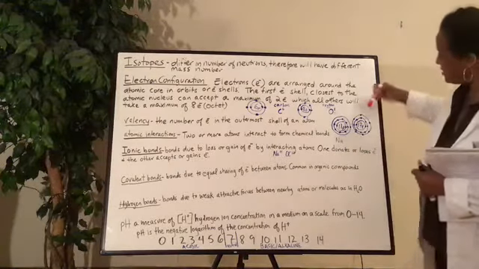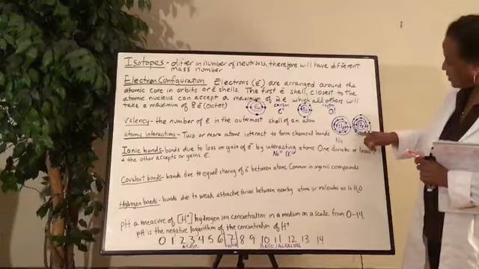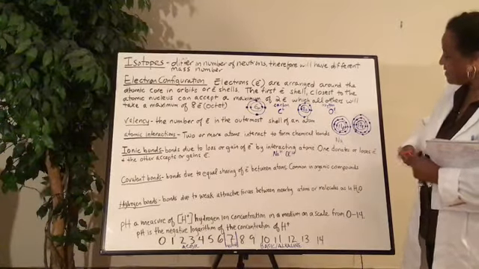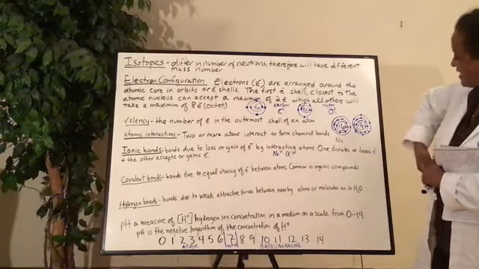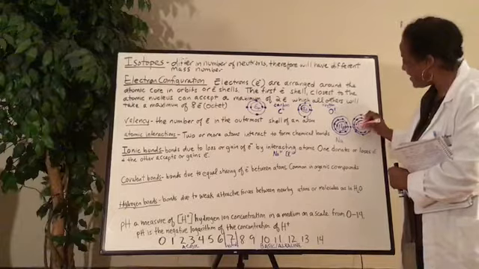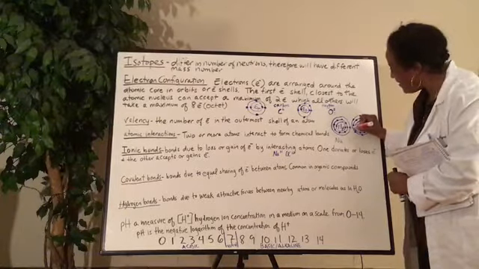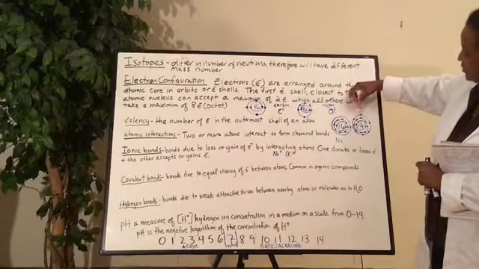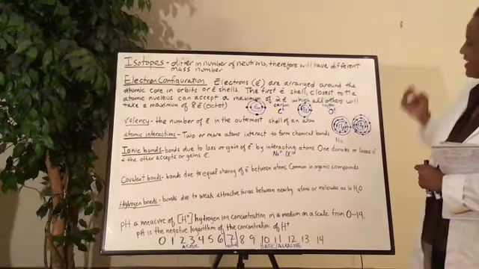How many is this on this? 1, 2, 3, 4, 5, 6. And this is going to be 7. Uh-oh. I don't know if you can see that's kind of red. So 1, 2, 3, 4, 5, 6, 7.